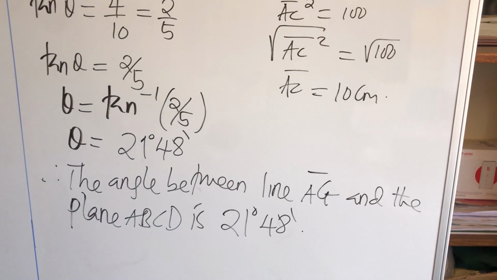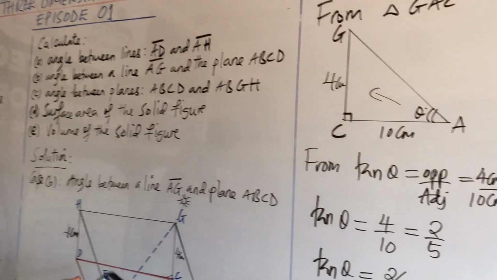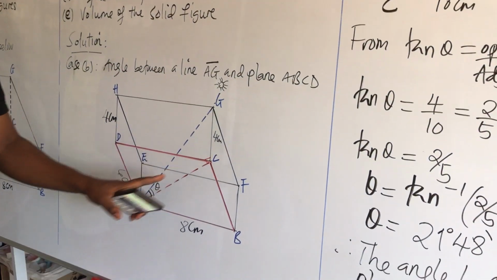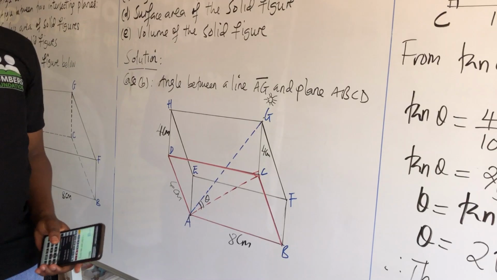And that will be the angle between the line and the plane, which is the angle between the line itself and its projection on the plane, or its shadow on the plane, as you can observe from the diagrams. Thank you.